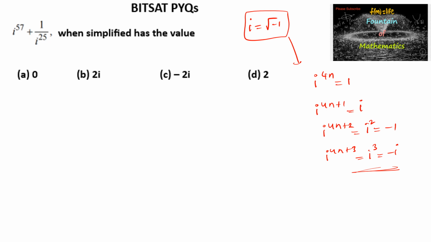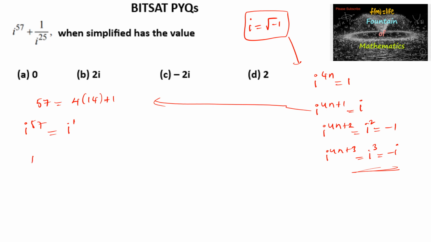So when 57 is divided by 4, we can write 57 as 4 into 14 plus 1, which is in the form i to the power of 4n plus 1. So i to the power of 57 we can write as i to the power of 1.